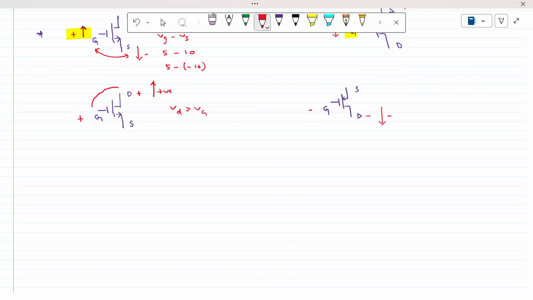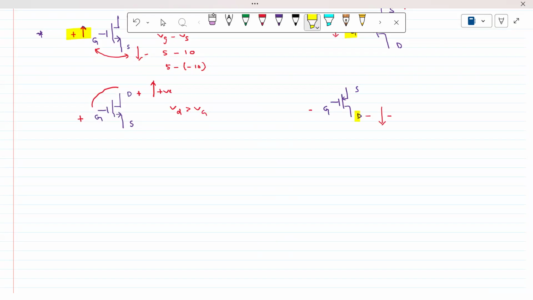If you want to make this a linear region, what do you have to do then? With respect to the gate, I'm talking about just using the gate terminal only. If I say that this PMOS wants to be operated in the linear region, gate and drain I'm talking about, what should be the drain? The drain should go in the positive direction. We have to increase it in the positive direction. Then definitely it will enter into the linear region.